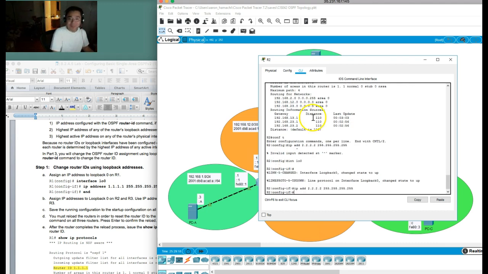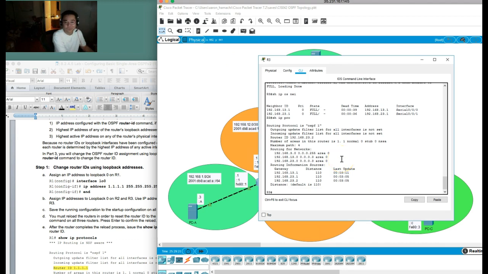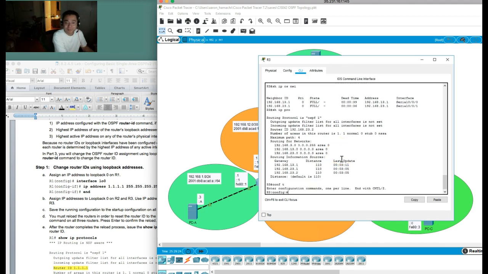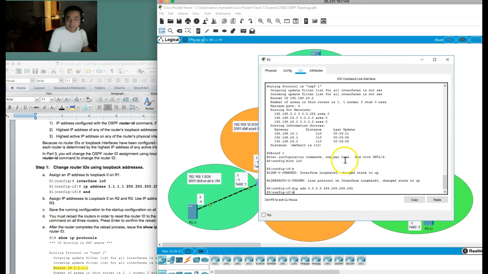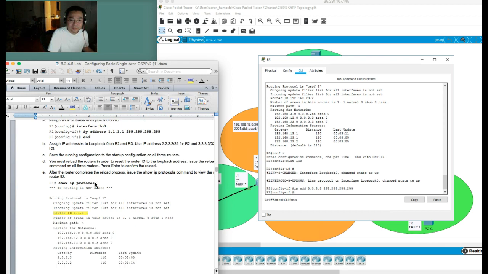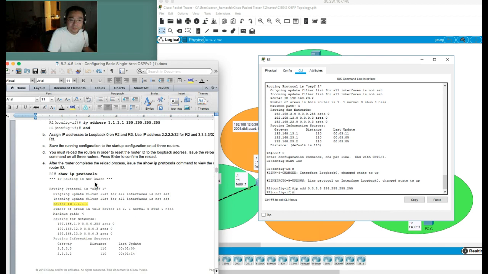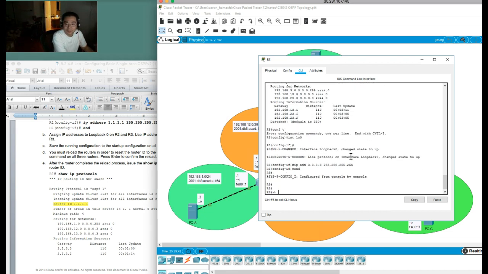Now we can do that. Okay, show IP OSPF neighbors.